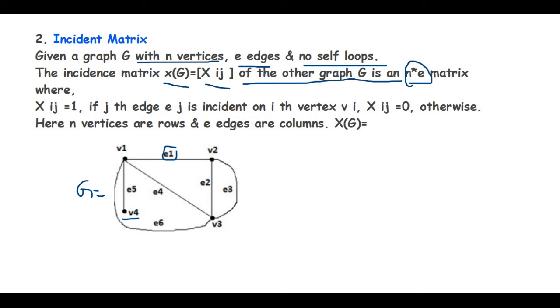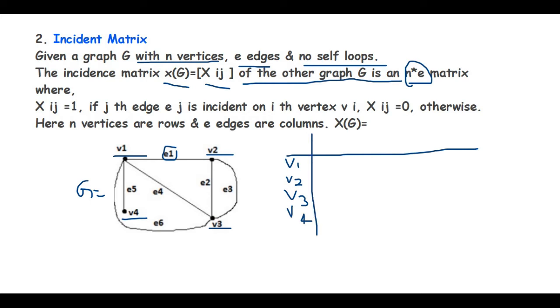Here we have 4 vertices, V1, V2, V3 and V4. So I'll write the table for the vertices. So we have V1, V2, V3 and V4. Here your n is nothing but the number of vertices. So we have 4 vertices, with how many edges?